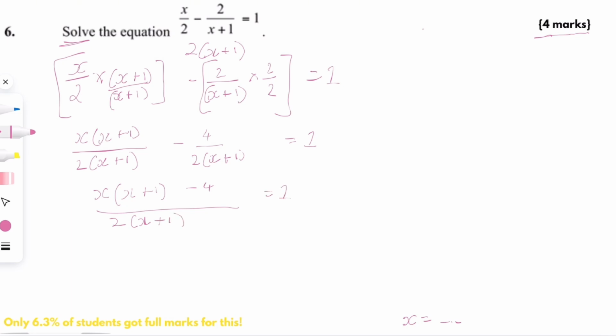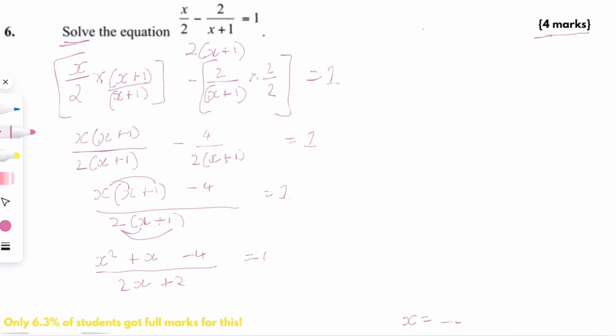And I'm just going to simplify it. So expand this and also expand this for the next step. So that'll be x squared plus x minus 4 all over 2x plus 2 is equal to 1. Now we have a fraction, so we still want to get rid of that fraction.